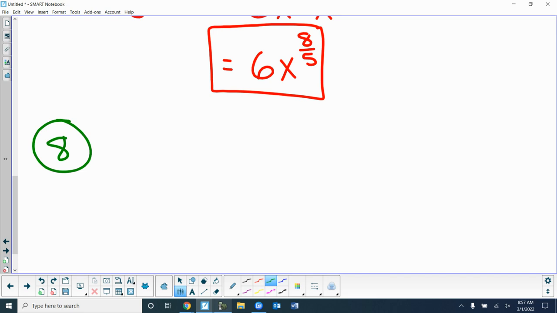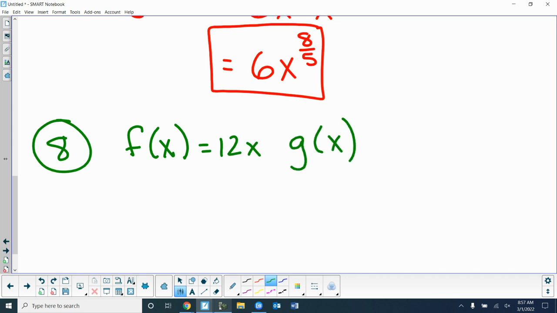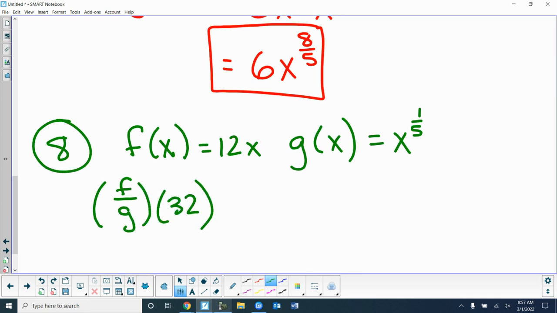All right, this time f of x is 12x, and g of x is x to the 1/5. And now it's asking you to do f over g of 32. Okay? So f over g means to do what with them?